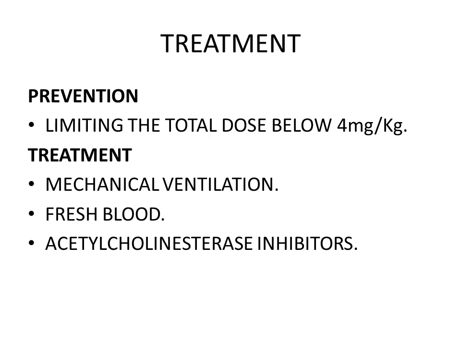Give fresh blood which contains pseudocholinesterase which can counteract succinylcholine and which can give you better reversal. Some literature says the use of acetylcholinesterase inhibitors like neostigmine, but its use is controversial. Mainstay is mechanical ventilation and fresh blood.